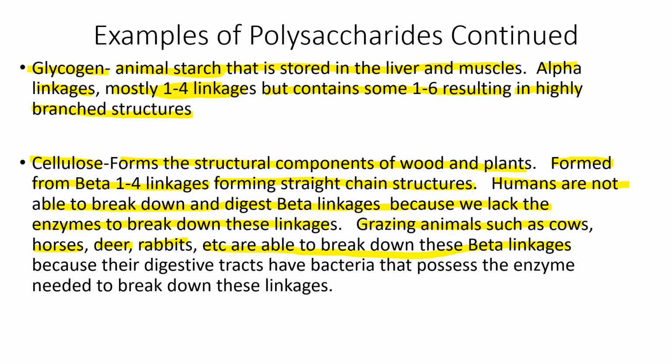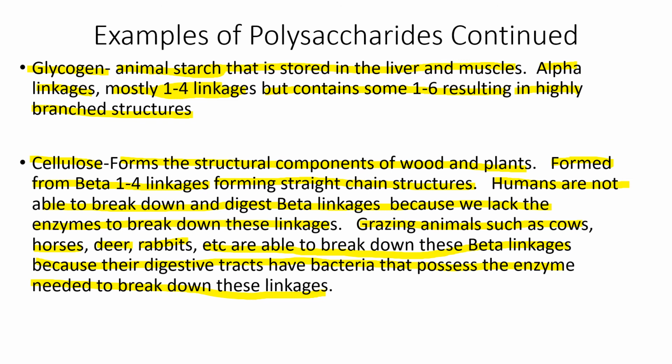They can extract and break down these very long polysaccharides that have these beta linkages down into glucose units that they can use. And the reason being is not so much of what they have in terms of themselves, but their digestive tracts have bacteria that help them. It's those bacteria that have an enzyme that's needed to break down those beta linkages.